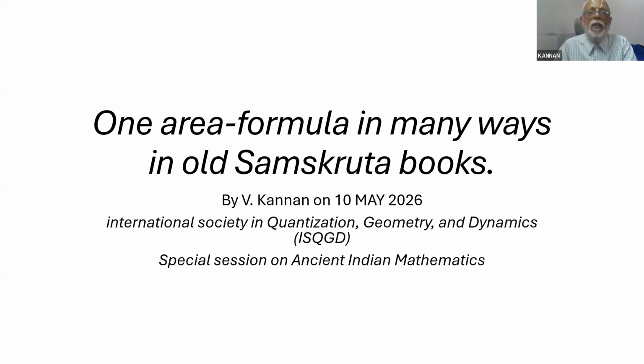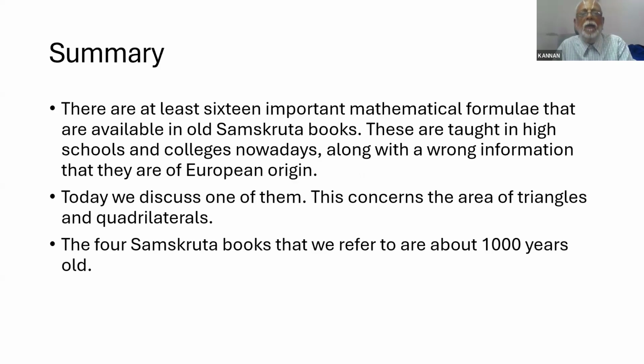And this Brahmagupta's formula has become famous and has Heron's formula as a corollary. Only one formula we are going to discuss now, but how it is stated differently in different books, that's what we are going to appreciate.